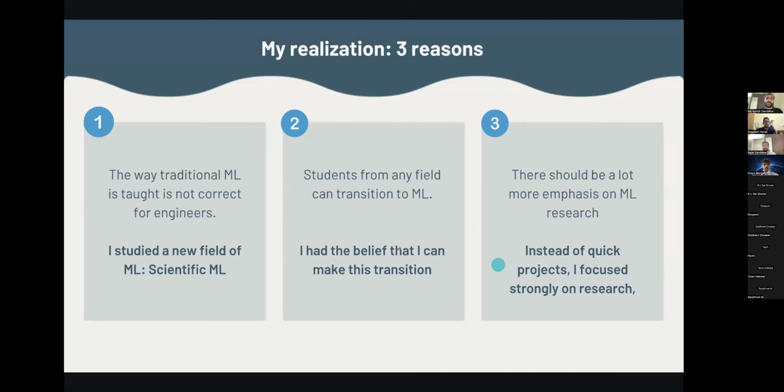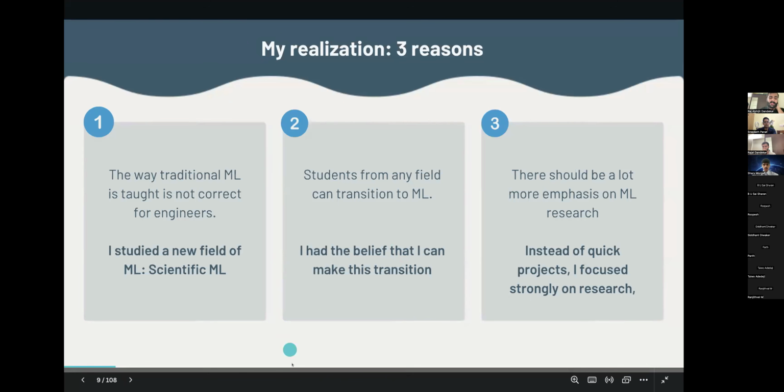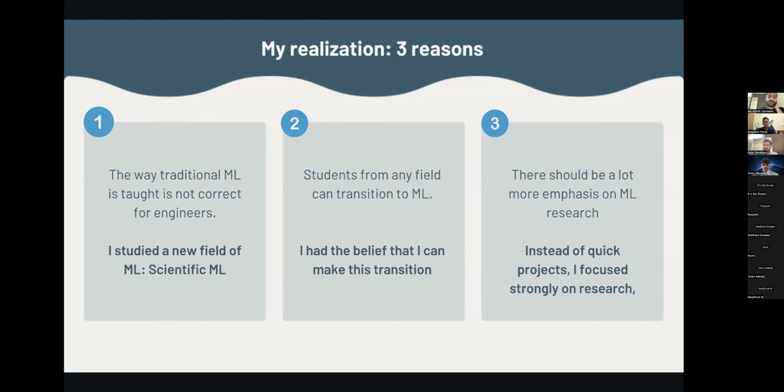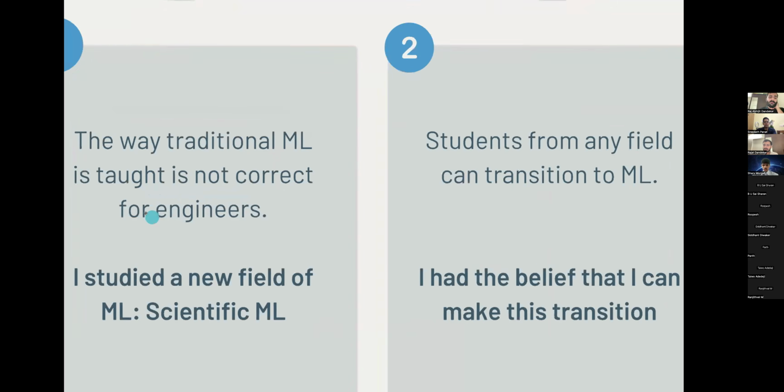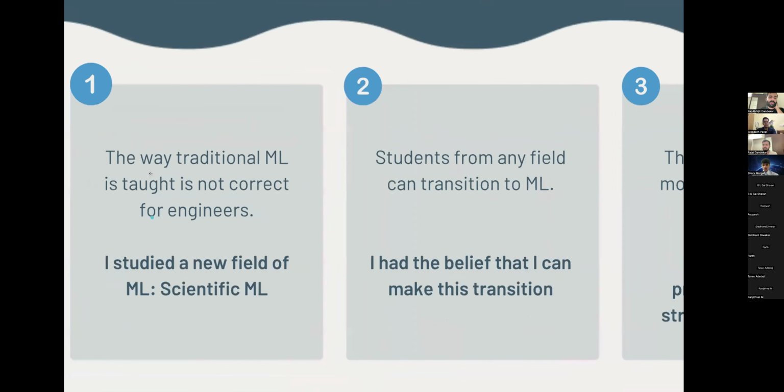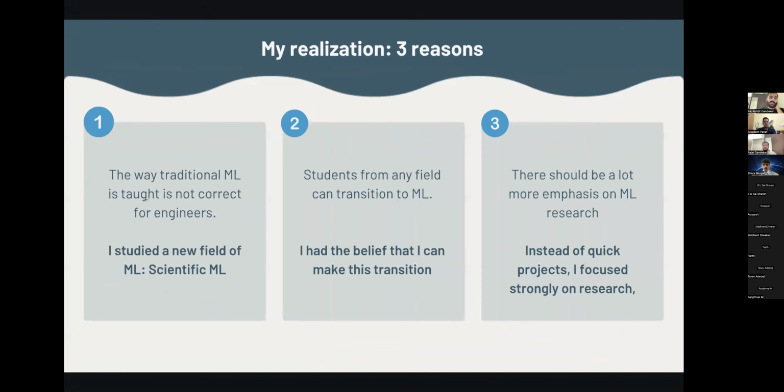I'm hoping that this webinar serves as that kind of a belief system for all of you in this call. After coming back to India from the US after I finished my PhD, I really started thinking about how I was able to switch to machine learning that quickly. I finally understood 3 reasons behind this transition. The first reason is that I now strongly believe that the way traditional machine learning is taught is not correct for engineers.